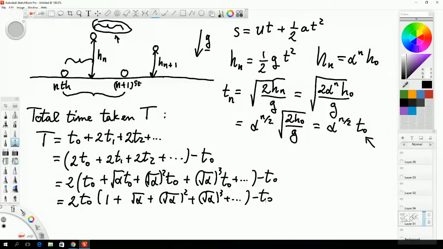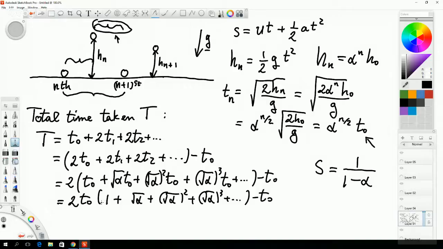So we are in a very, very similar situation to what we had before, except instead of alpha, we have square root of alpha. Earlier we had this formula that s equals 1 over 1 minus alpha for the geometric series. But here, instead of alpha, we have square root of alpha.